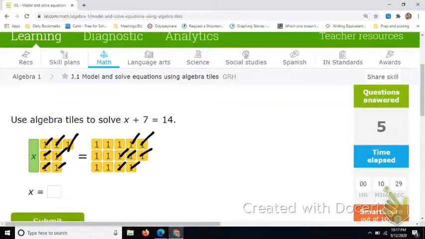So I would be getting rid of 7 ones. So I would also get rid of 7 ones on the other side. Then my x would be by itself, and it's equal to 1, 2, 3, 4, 5, 6, 7.